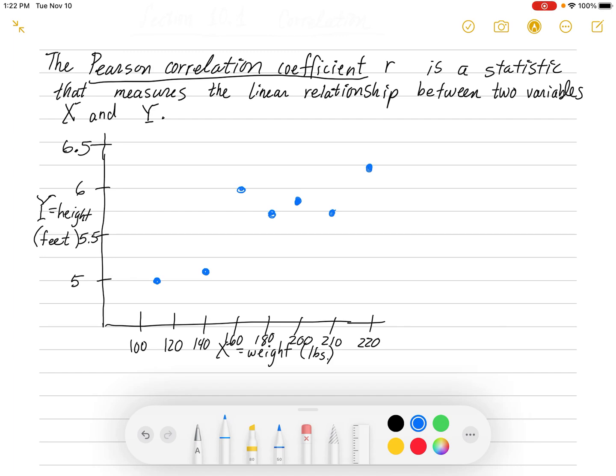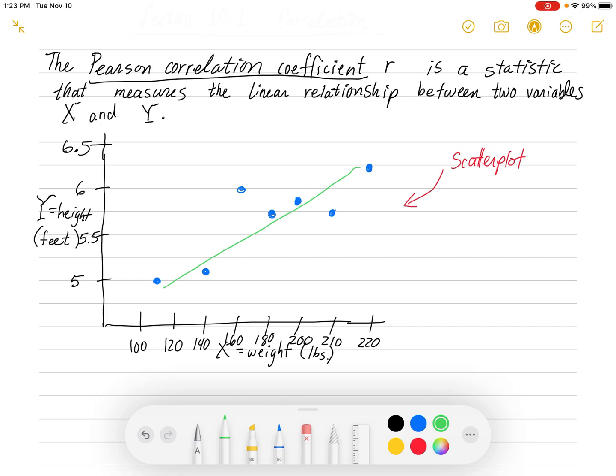So as you look at this plotting of points, this is called a scatter plot. There seems to be this kind of relationship between the x and the y. Notice as the x goes up, the y goes up. You can kind of imagine that there's this line that the points follow. They don't follow exactly that line, but they approximately follow that kind of increasing line.